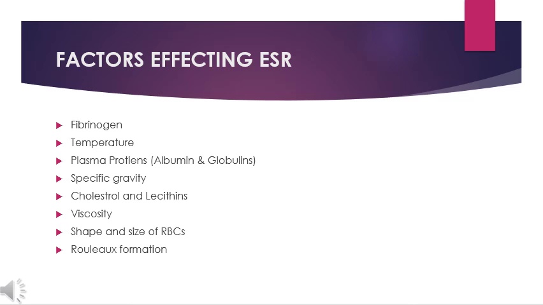If the negative charge is disturbed, their settling will be increased, and that will be a false result. Similarly, temperature: if the test is not performed at room temperature, from 20 to 25 degrees Celsius, it will affect the results, because at high temperature the viscosity of blood will be low, and because of that the sedimentation rate will be increased.